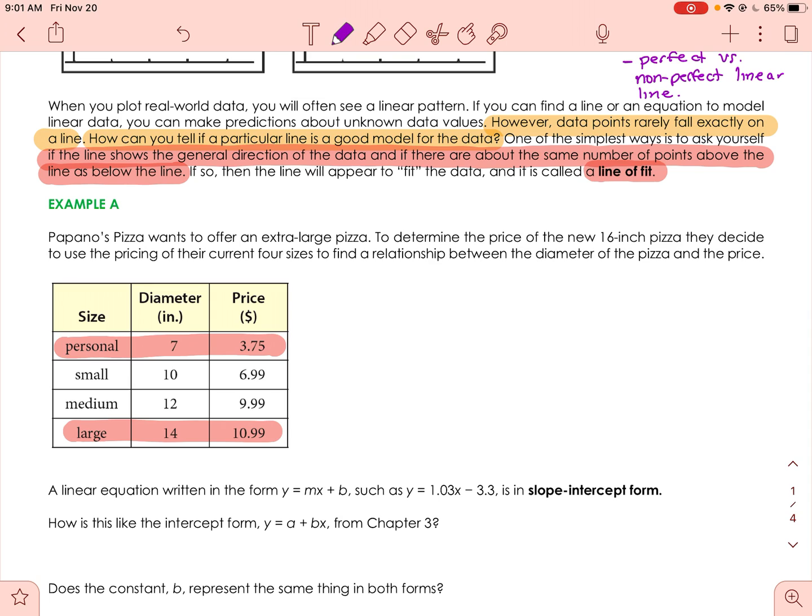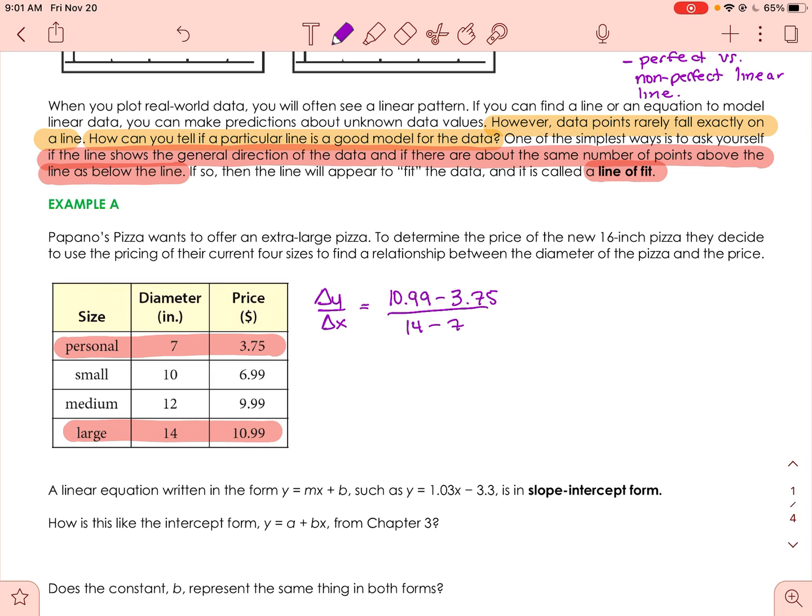So remember, slope is change in y divided by change in x. Change in y would be 10.99 minus 3.75 divided by 14 minus 7. Remember, it's y2 minus y1 divided by x2 minus x1. So we have 10.99 minus 3.75.